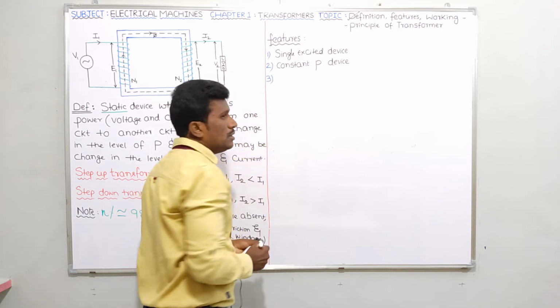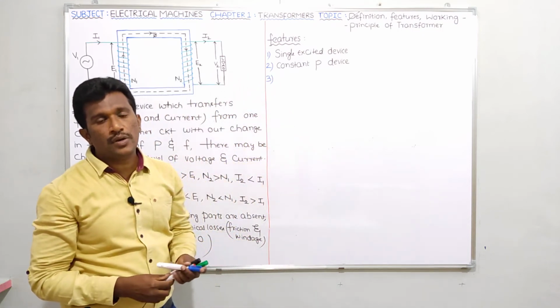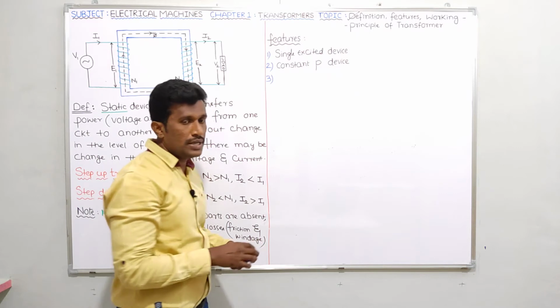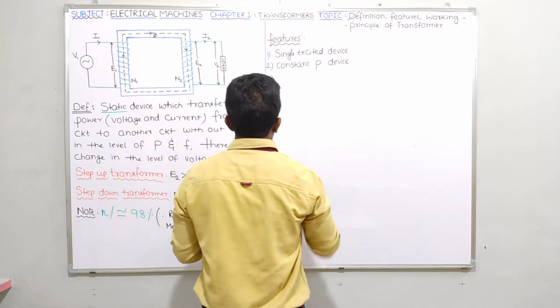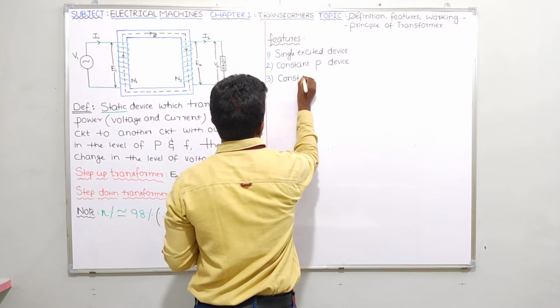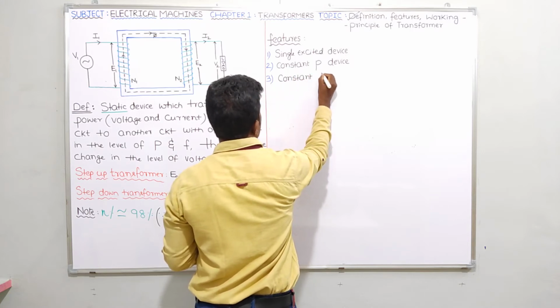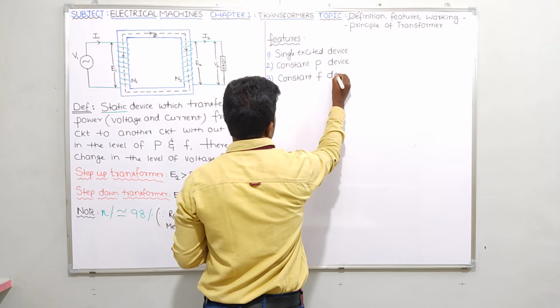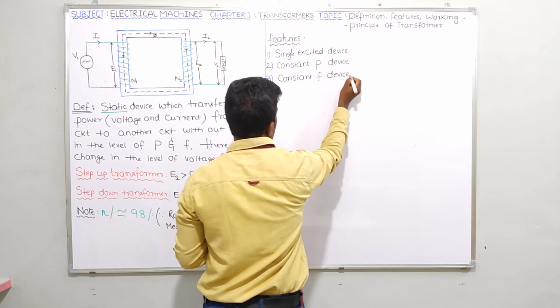Next, third point. Can I call transformer a constant frequency device? Yes or no? Yes. So let me write here, transformer is a constant frequency device. What is the reason guys? I already told.